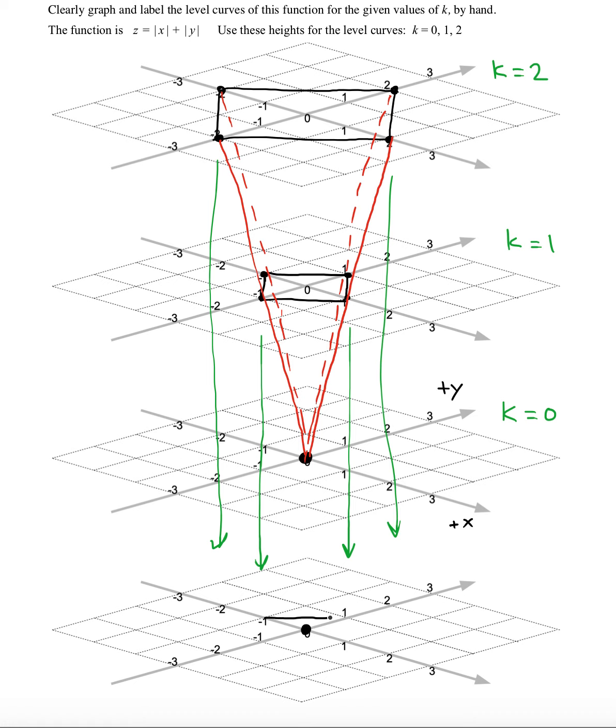We'll bring our k equals 1 down too. And we'll bring our k equals 2 down. All the level curves get drawn now on one coordinate plane. And that is a contour plot.